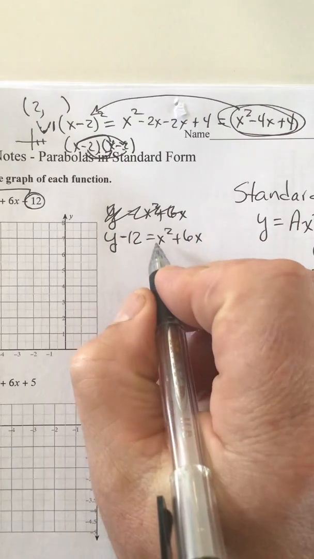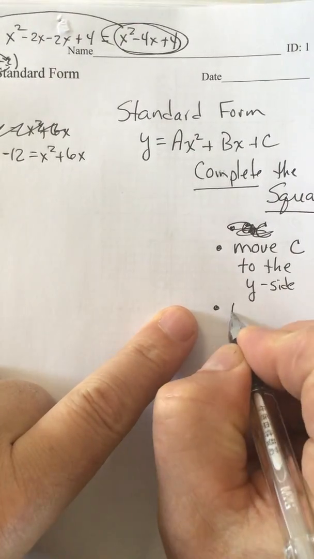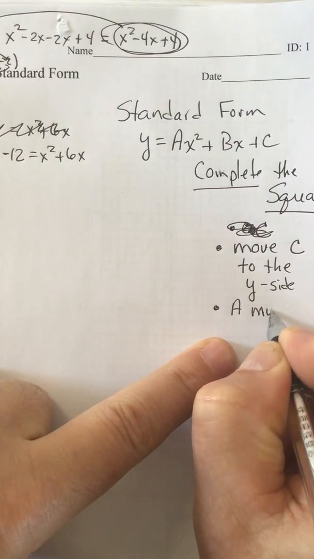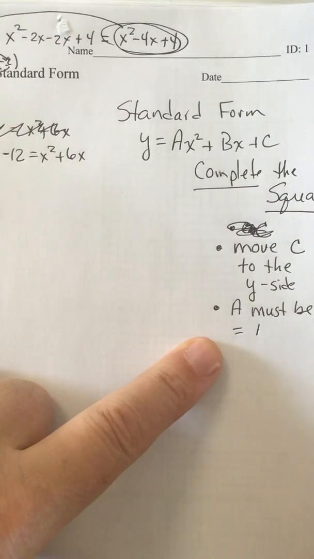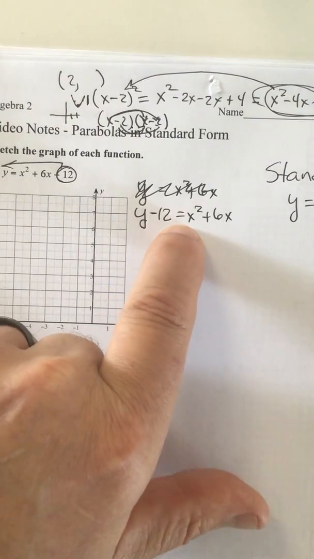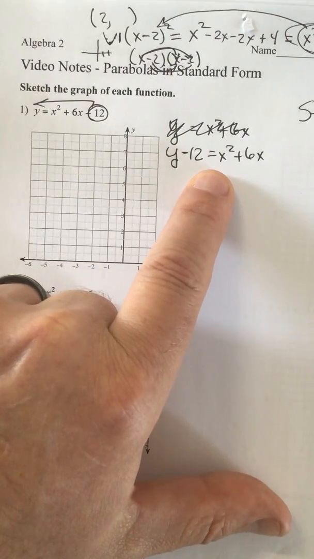Okay, the next thing I have to do is I have to make sure a is 1. Okay, a must be equal to 1. Okay, in this term, it is. So when we get down to number 3, I'll show you what to do when it is not. So a must be 1.